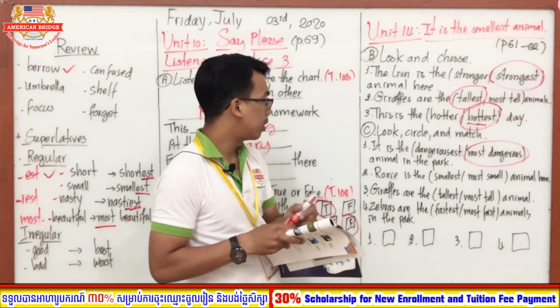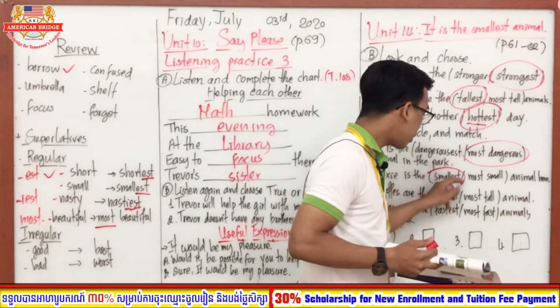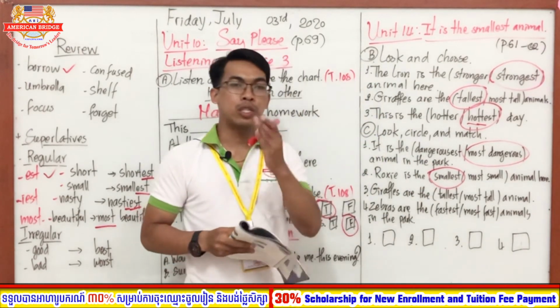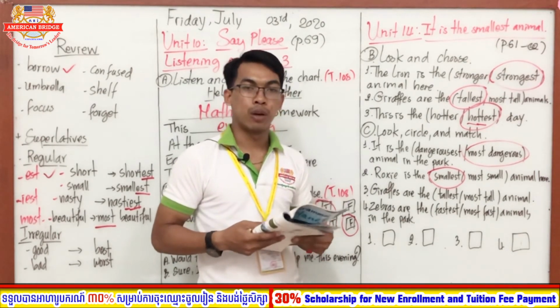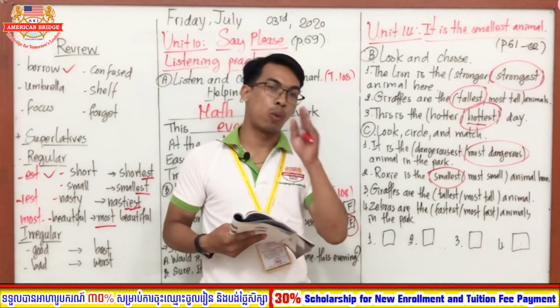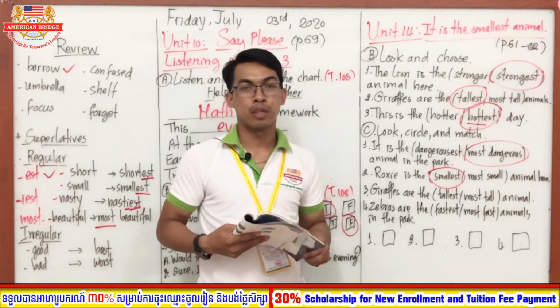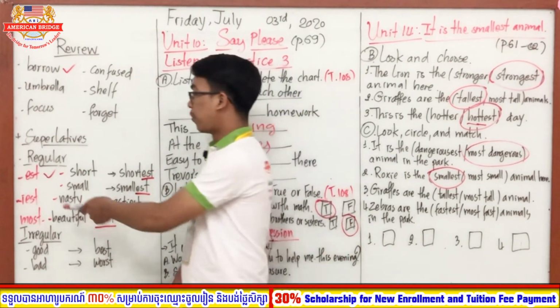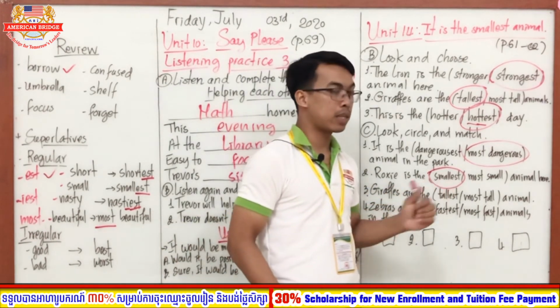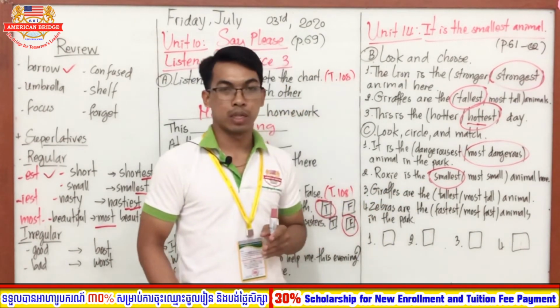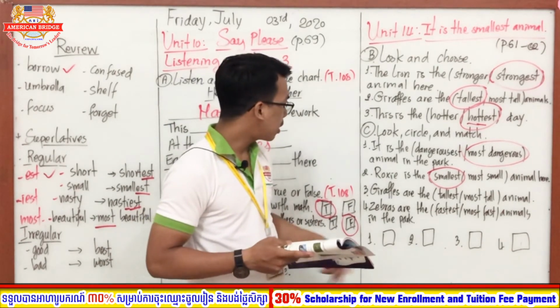Yes, very good. First one. Why did you choose the first one? Yes, of course. Because the word small has only 1 syllable, so it goes to the first form, regular. So we just add est to the last letter and it becomes a superlative adjective. Good. So now let's move on to number 3.